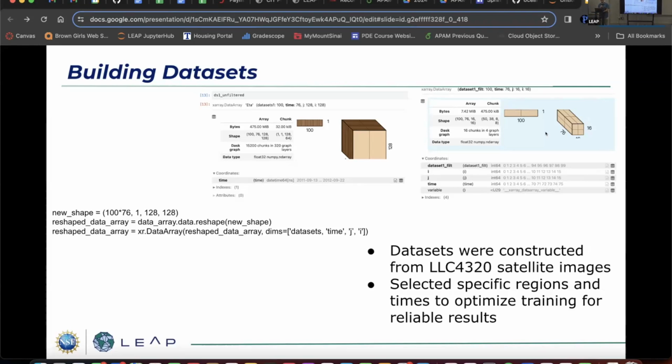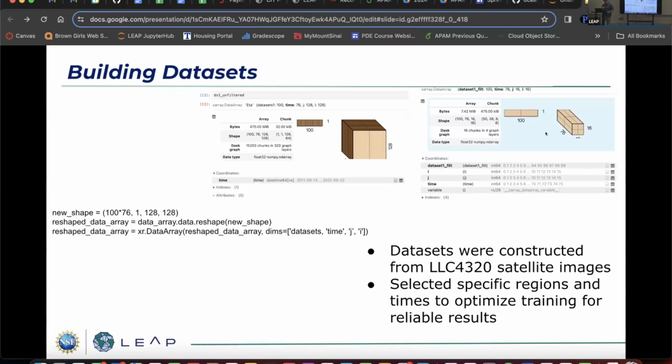We divided that 1280 by 1280 size into 100 smaller 128 by 128 images. We compiled those into an xarray object, which had 100 different locations, each of those locations with 76 different times, and each of those times corresponding to a 128 by 128 pixel image.